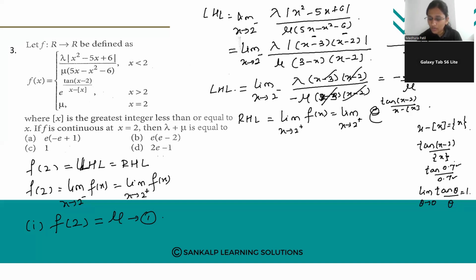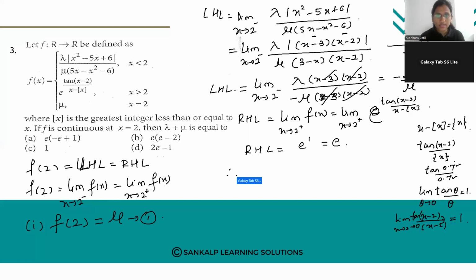Here I have tan of x minus 2 over x minus 2, with x tending to 2, that is, x minus 2 tends to 0. So from this theorem, this is equal to 1. So RHL is e to the power 1, which equals e.